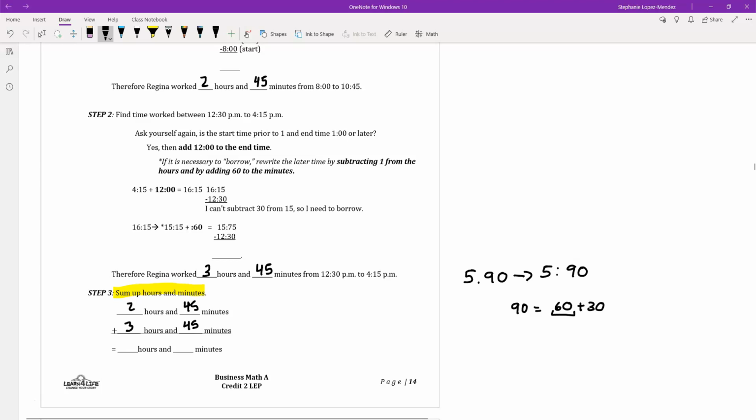Okay, so then instead of having 5 right here, I now have 6 hours. 5 plus 1 is 6. I have 6 hours, and instead of having 90 minutes, I now only have 30. So my final answer is 6 hours and 30 minutes.